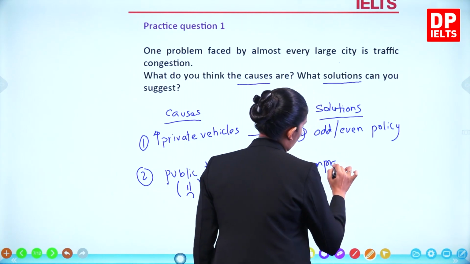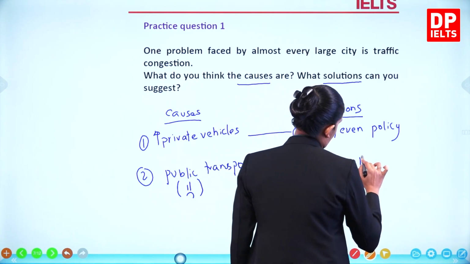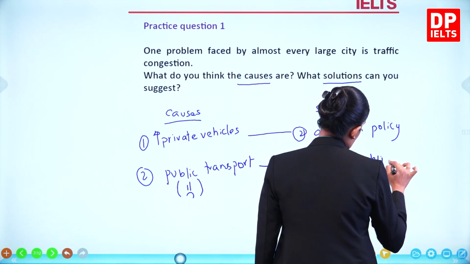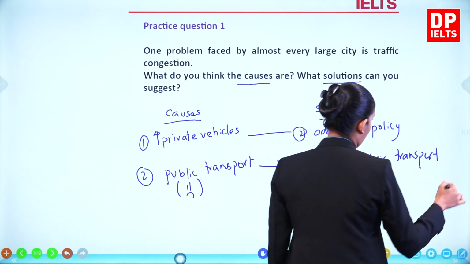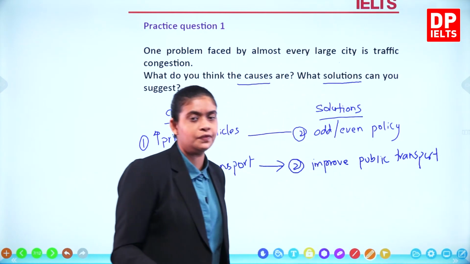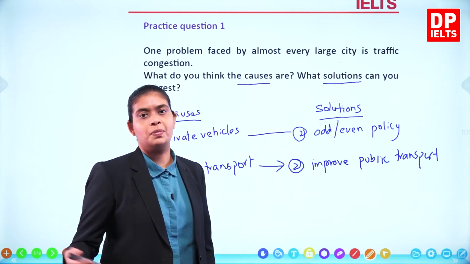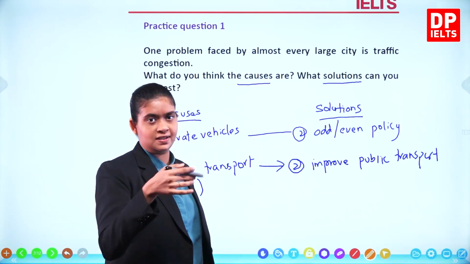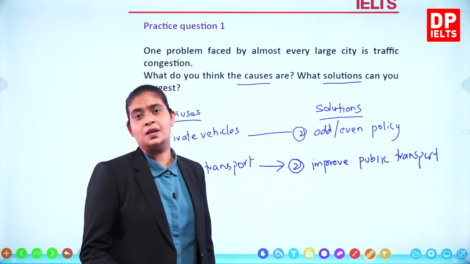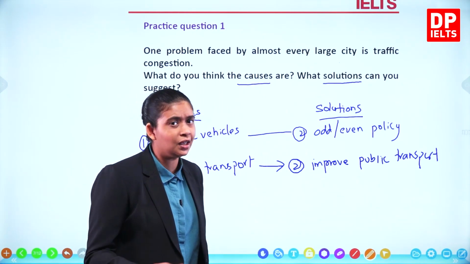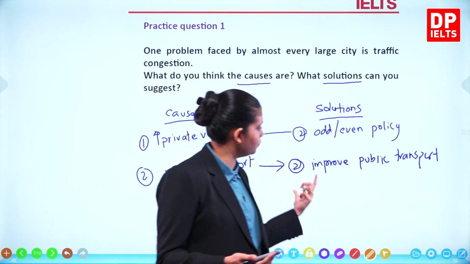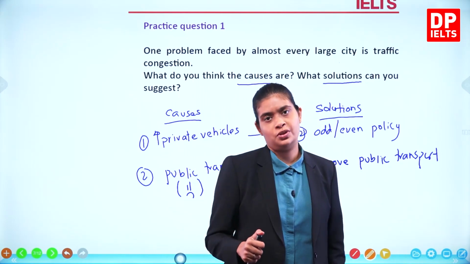Improve public transportation. Improve the facilities, improve the frequency of the number of public transport buses and trains going from one destination to another. You could subsidize the public sector again. So think about different ways to improve the public transport.